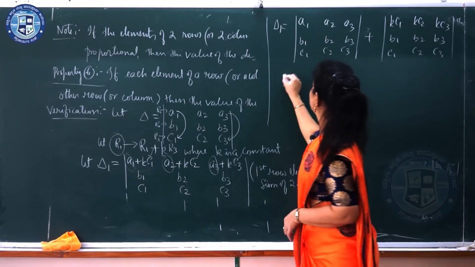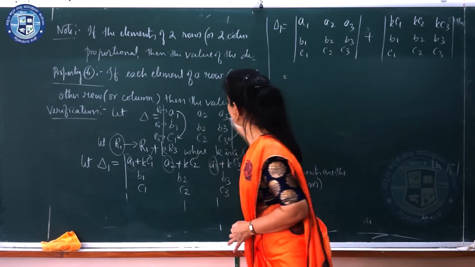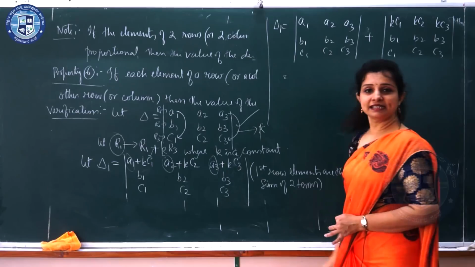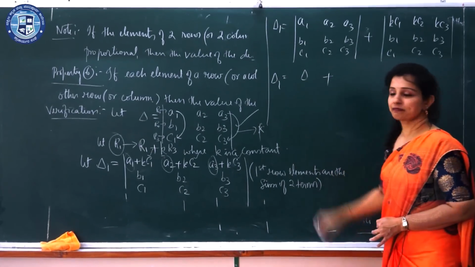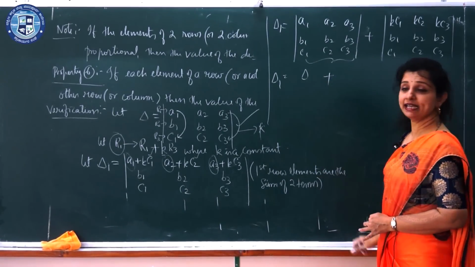Now A1, A2, A3, B1, B2, B3, C1, C2, C3 is our given determinant delta. So delta 1 equals delta plus the second determinant.